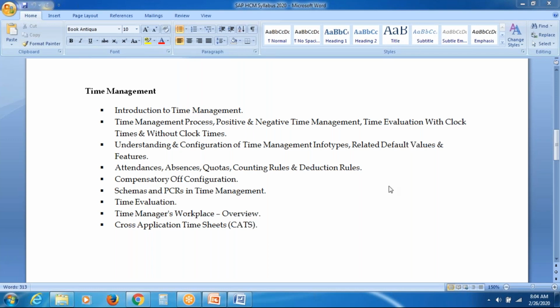Then we are going to do the end-to-end configuration of the compensatory off. We are going to discuss the schemas and PCRs in time management, and then time evaluation, and then the time manager's workplace, which is an overview. And we're also going to discuss and configure cross application timesheets. So this is going to be the syllabus as a part of SAP HR that we are going to discuss and configure.